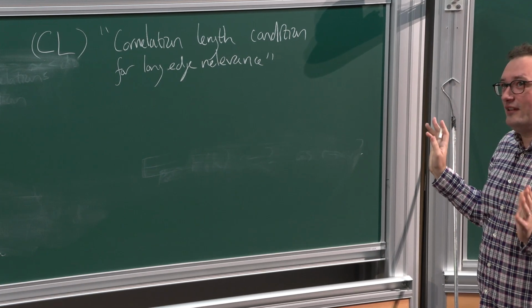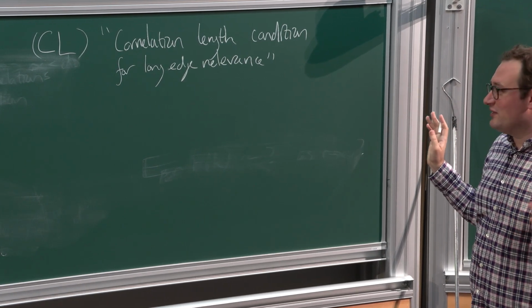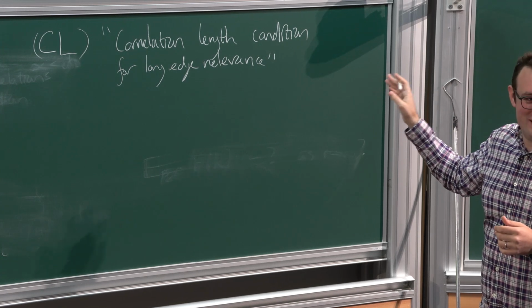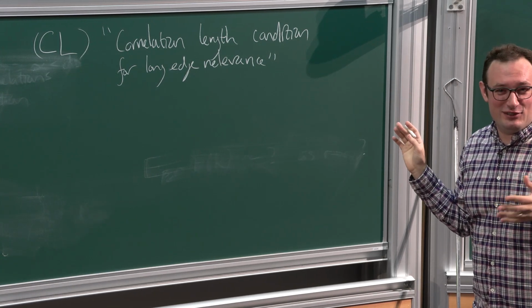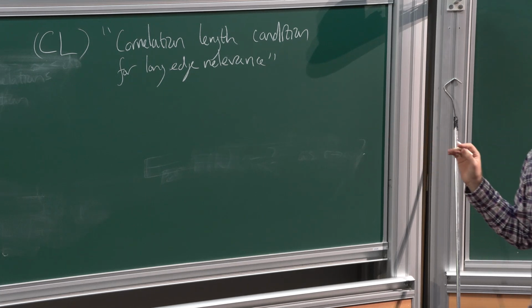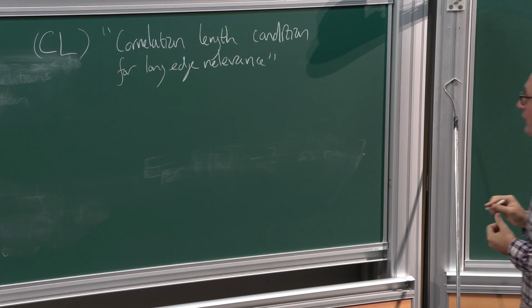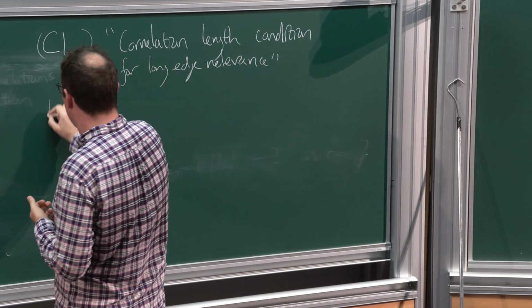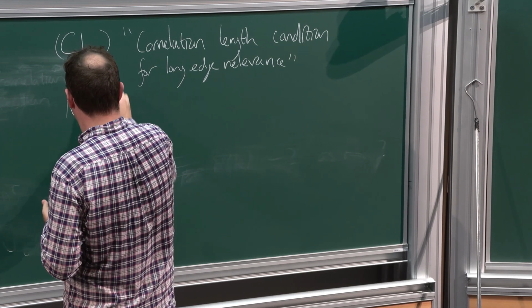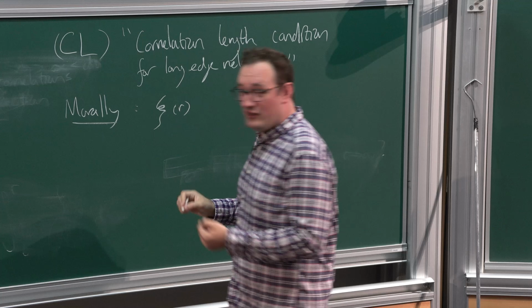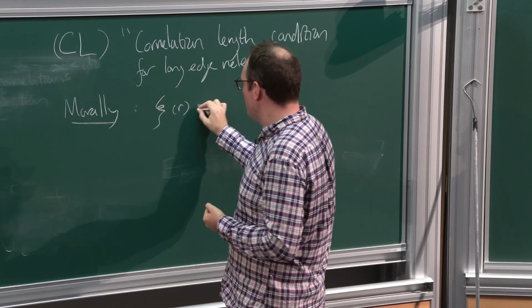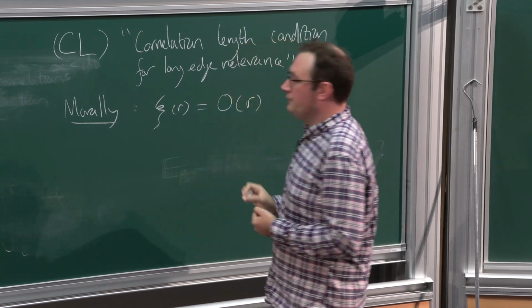One of the annoying things about the paper as it stands is the exact condition I use for this is quite ugly. So you can replace it with some stronger conditions, which are maybe less ugly and which maybe I should just do. But morally, it says that the correlation length as a function of the cutoff is big O of R.